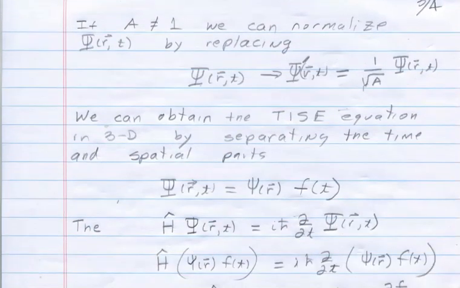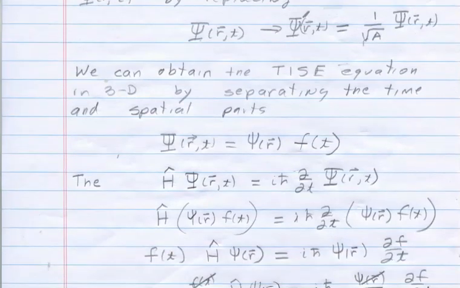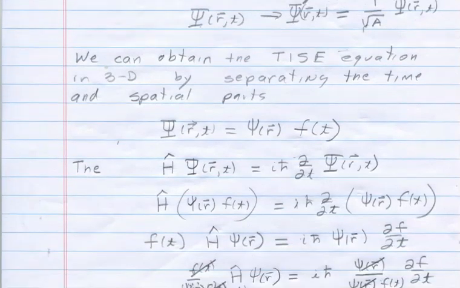Well, pretty much like obtaining the time-independent Schrodinger equation in 1 dimension, we can obtain the time-independent Schrodinger equation in 3 dimensions by separating out the time and the spatial parts. This works if the potential energy function does not depend on the time t, which is the usual case.